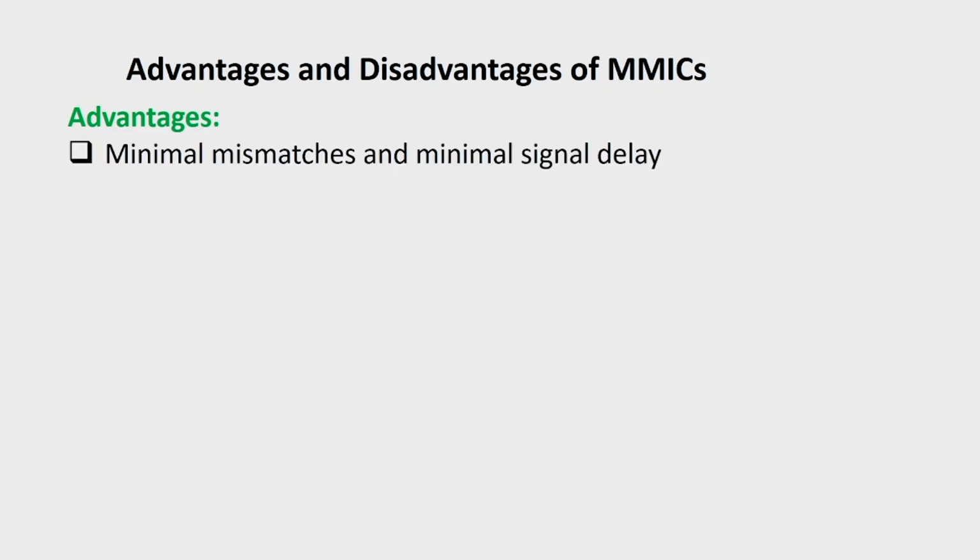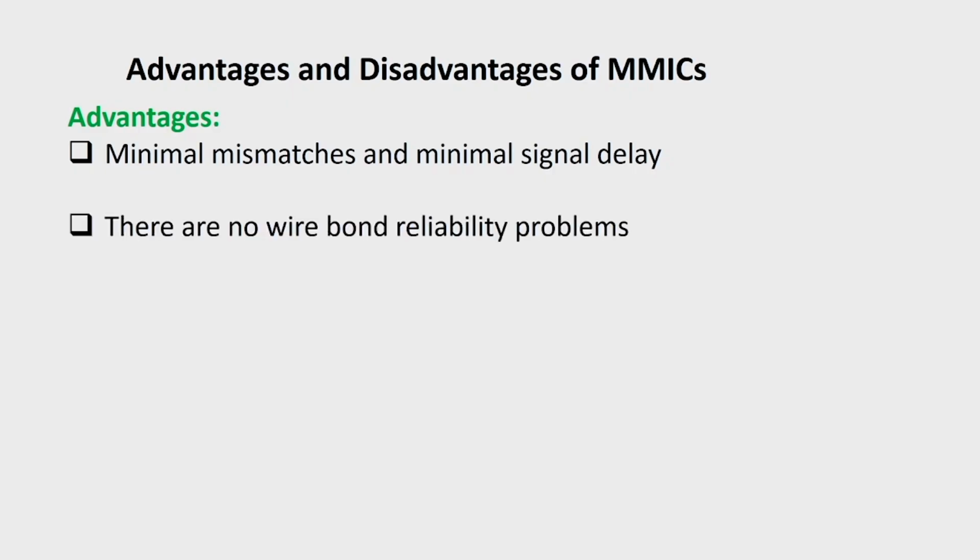We now discuss some of the advantages and disadvantages of MMICs. The major advantages are minimal mismatches and minimal signal delay, because everything is being fabricated on the same substrate.